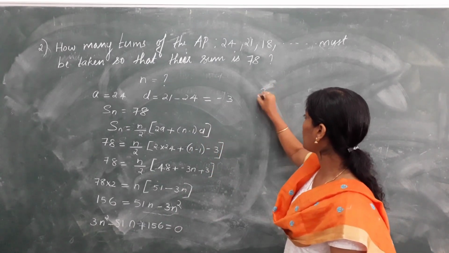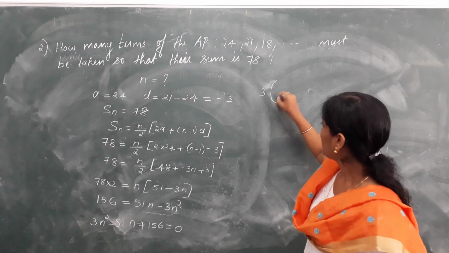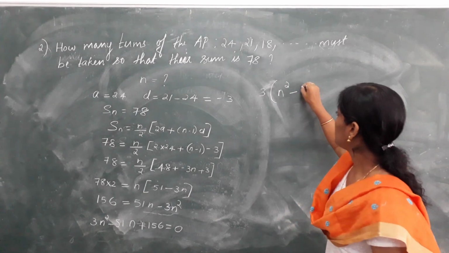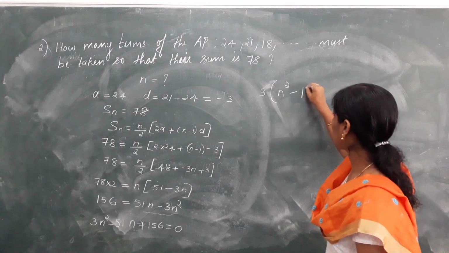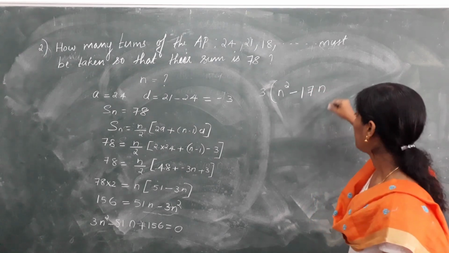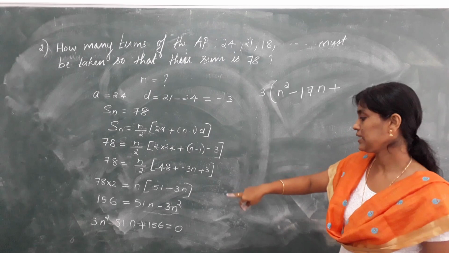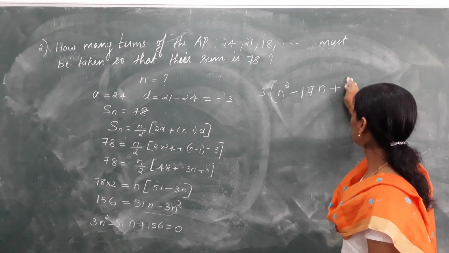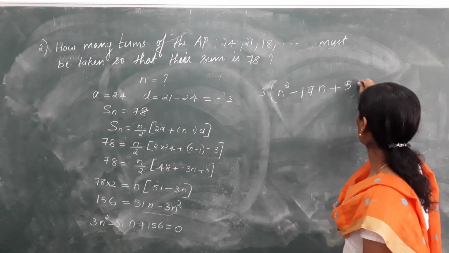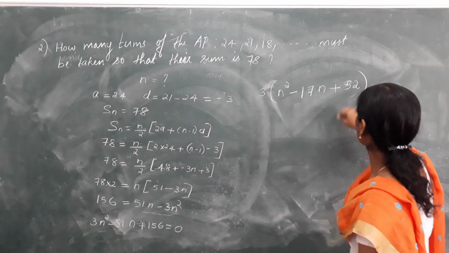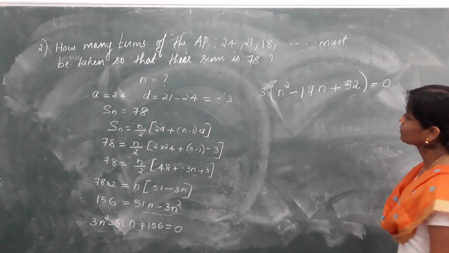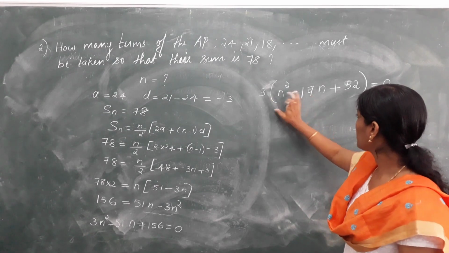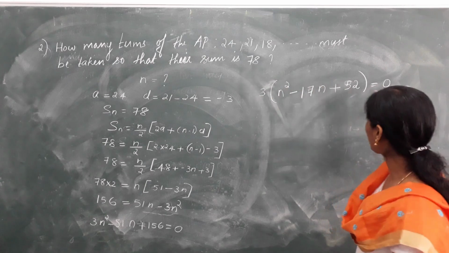So taking 3 outside, you get 3n square minus 51n plus 156, that is 3 times n square minus 17n plus 52, equal to 0. Again we can transpose this 3 to the next side.